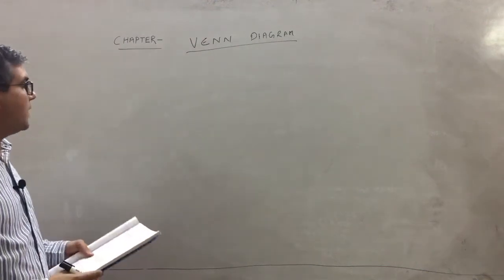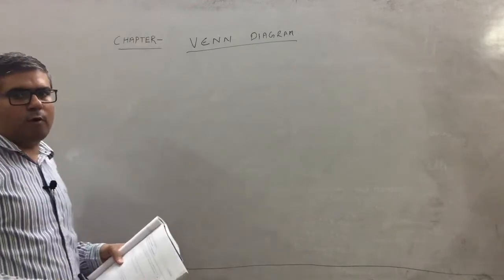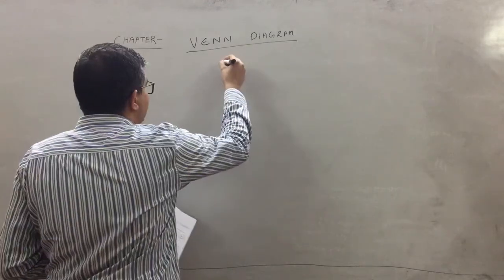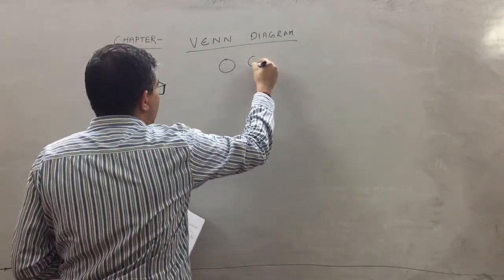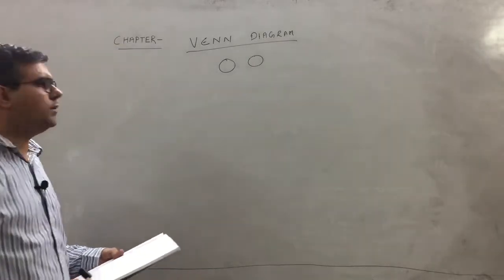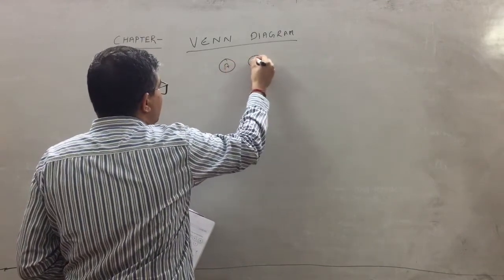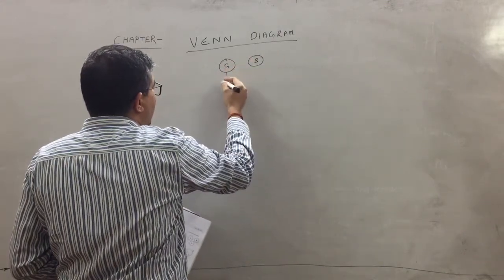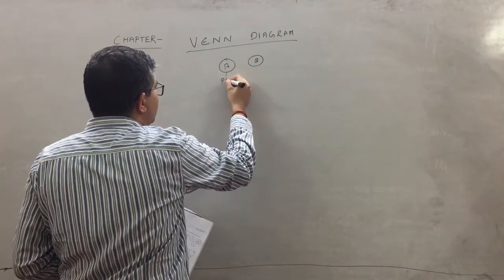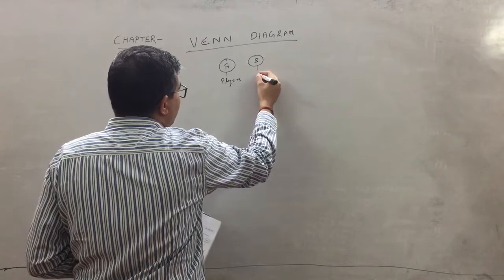You can say Venn diagrams are basically a representation of data in the form of some circles or shapes. Normally we use circles. We name those shapes A or B maybe, where A can be players and B can be cricket players.